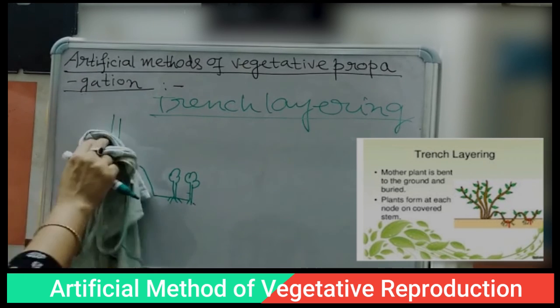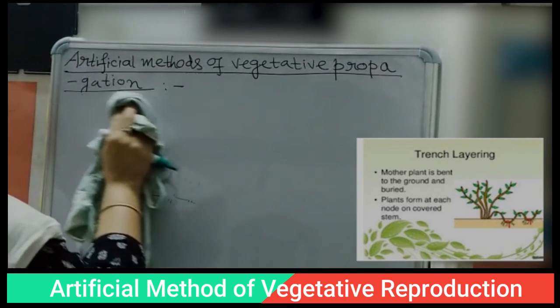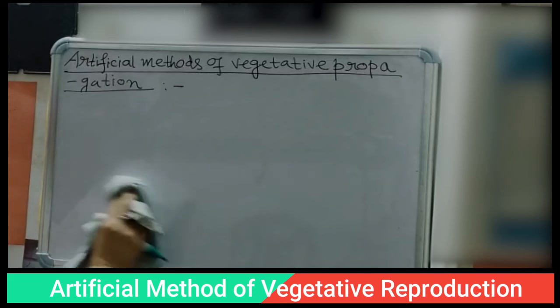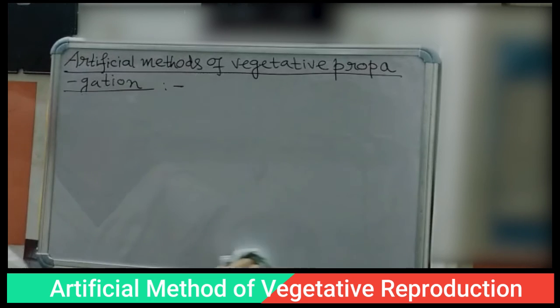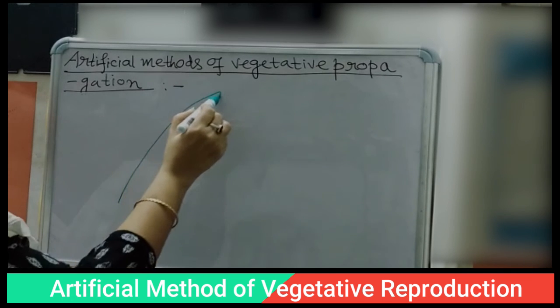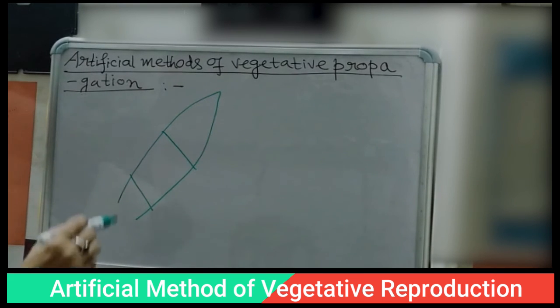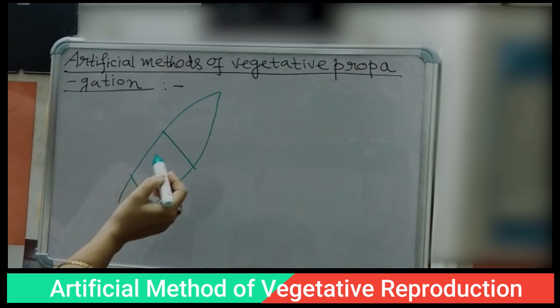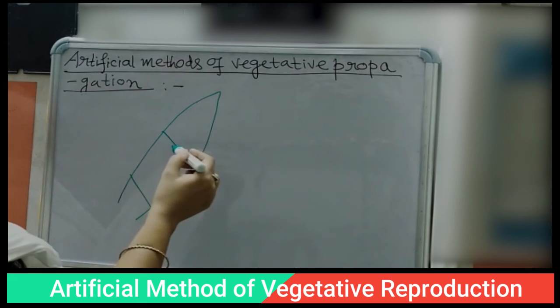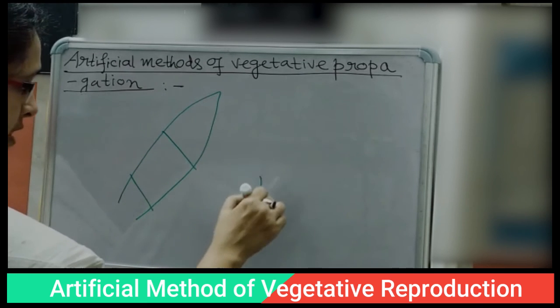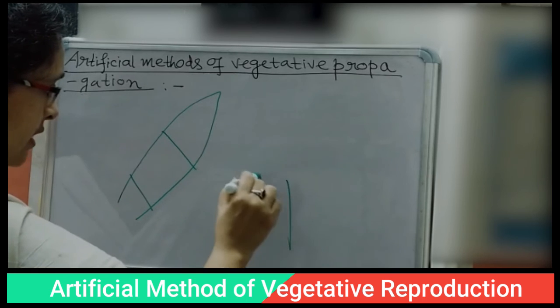And previously, when we explained the artificial method of vegetative propagation through cutting, I explained that in snake plant we cut some transverse portions, and we placed these transverse portions horizontally. Okay, horizontally.